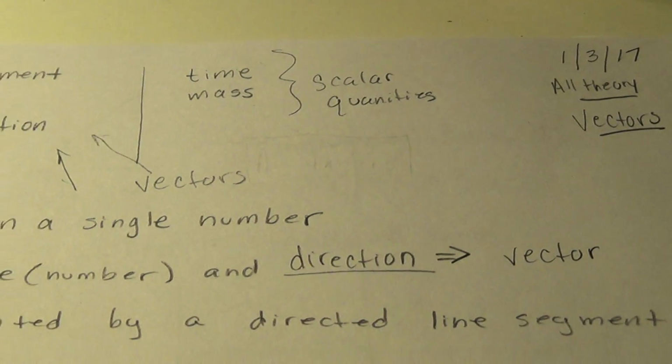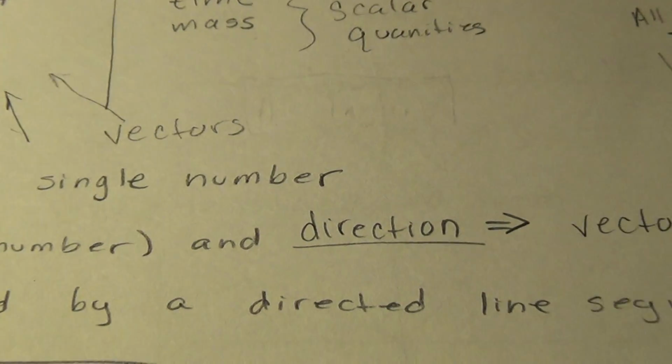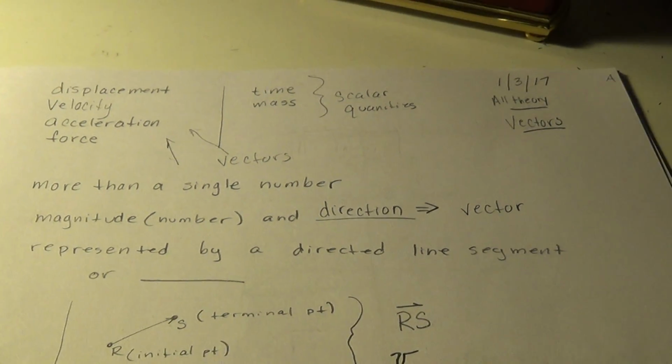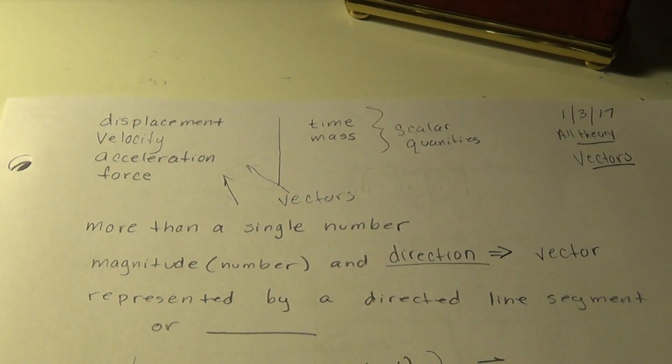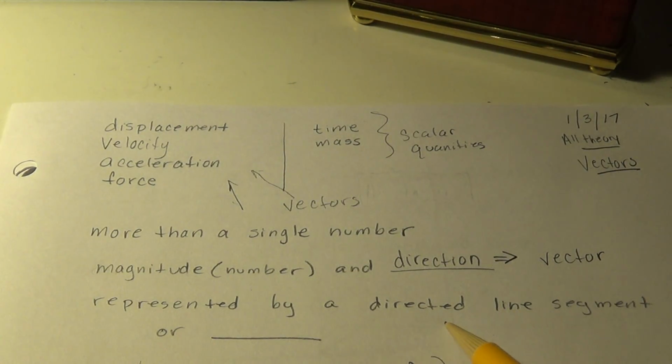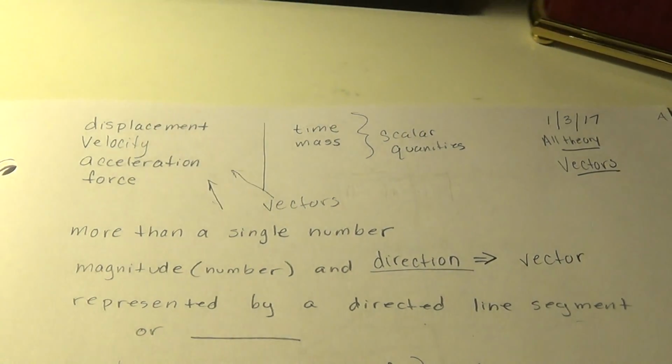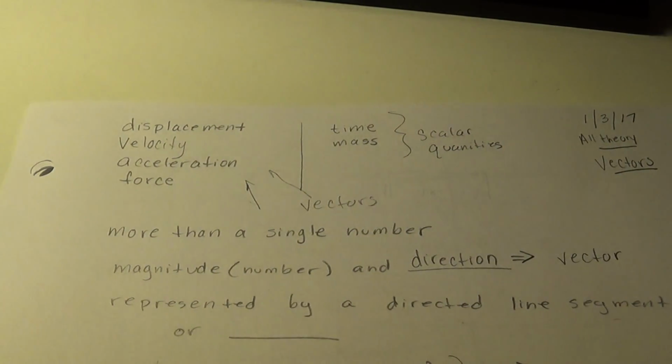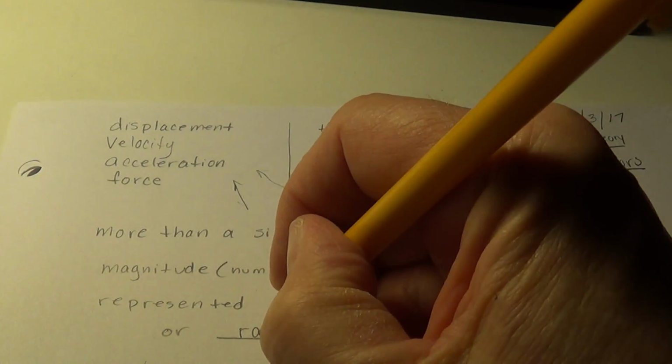And we're going to represent vectors by a directed line segment. Recall from geometry class what that is? A directed line segment is a ray.